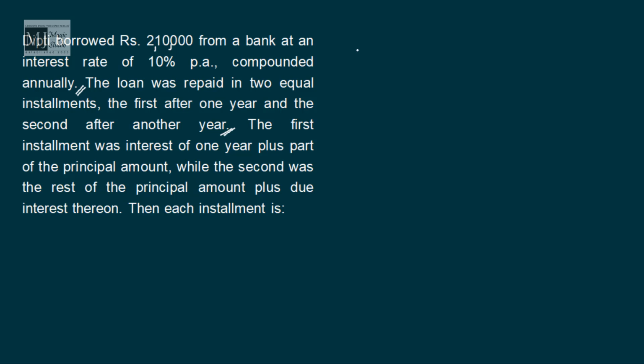Whenever money is borrowed at compound interest and we are paying it off in equal installments, the easiest way out is to use this particular present value format. Loan amount equals the summation of installment upon (1 + i) to the power x, where x goes from 1 to n, if it is being repaid in n equal installments.